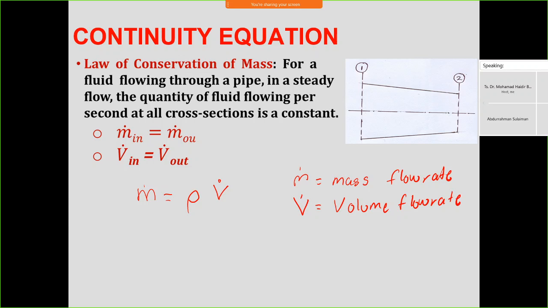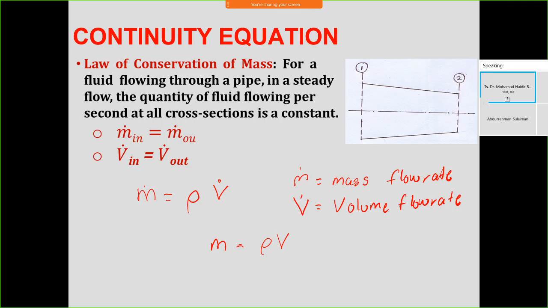As you already know that m equals rho times volume, so it can also be used here. The mass flow rate is equal to density times volume flow rate.